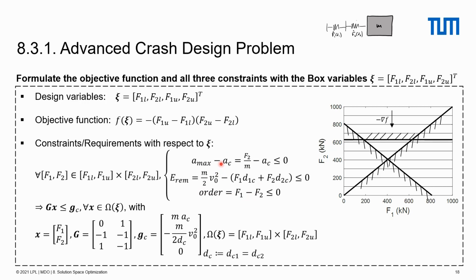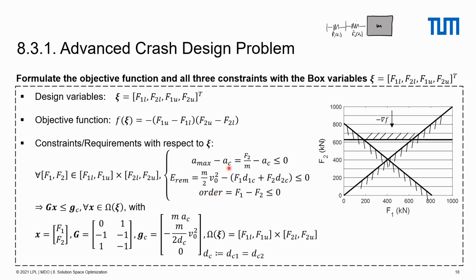That is, the maximum acceleration must be smaller than the requirement on it. Then the remaining energy must be less than or equal to 0, and the order must also be less than or equal to 0.